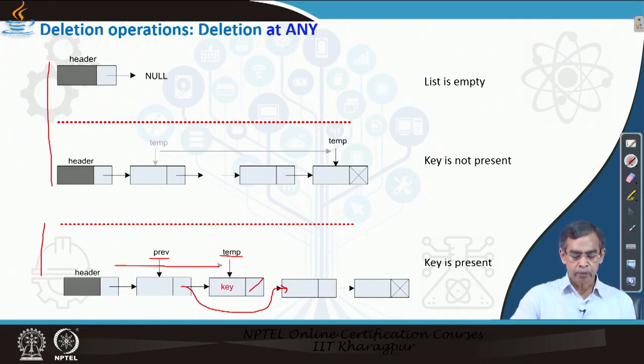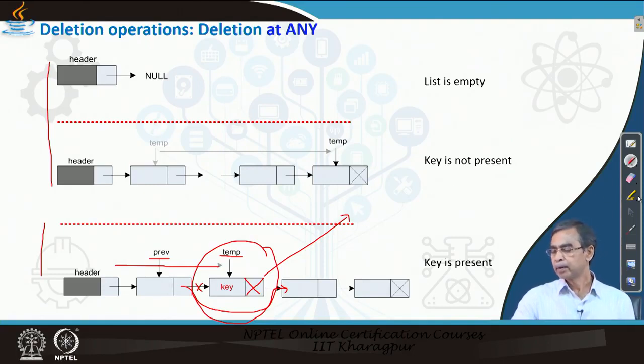Then we will make this null, and finally this is already done. So, this node is then free, and we have to return this free node to the memory bank. So, this is the link manipulation that is required.